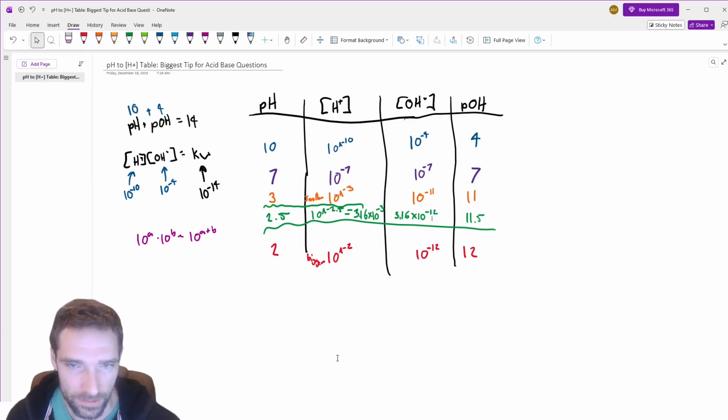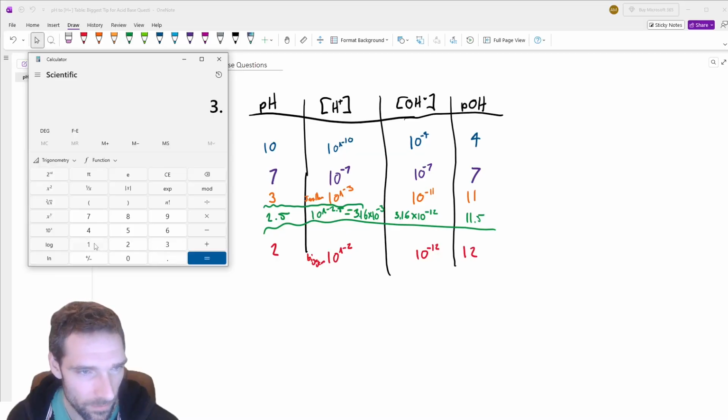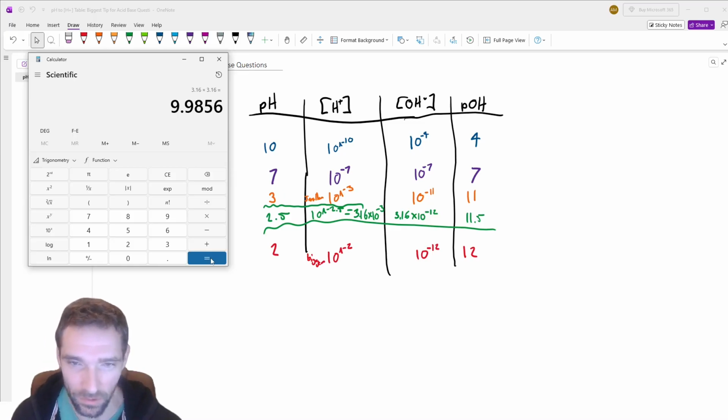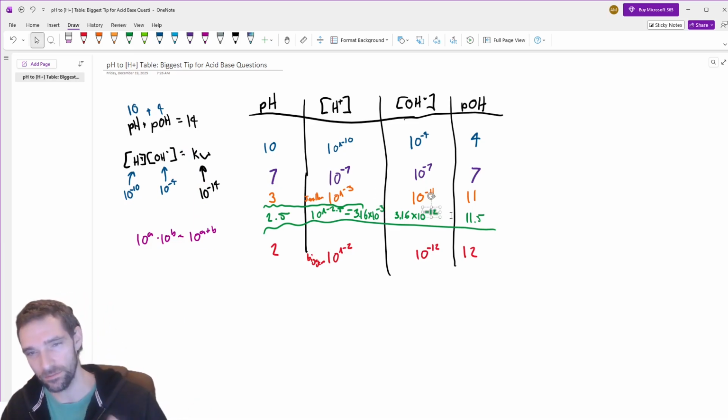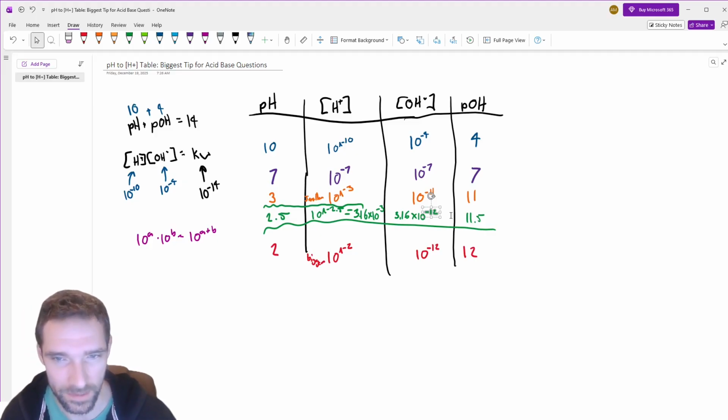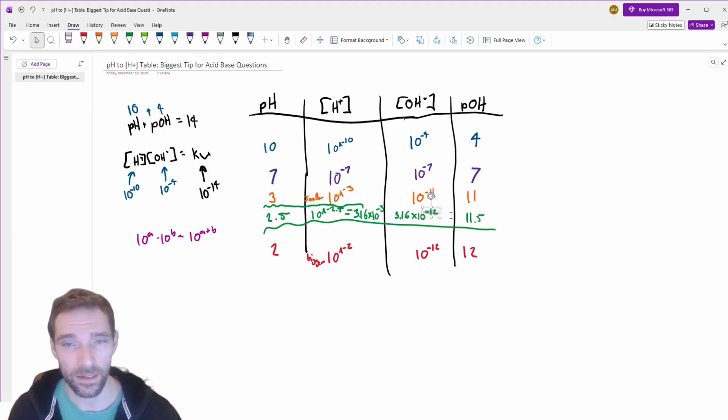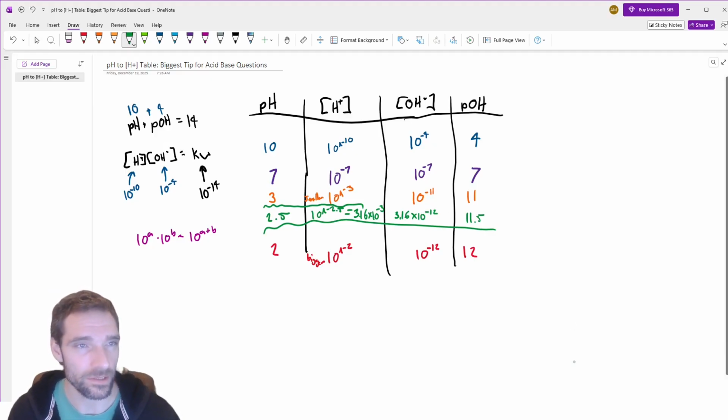And that works out nicely. If you were to take 3.16 times 3.16, that gives you about 10 when you multiply those two numbers together. So the negative 3 and the negative 12, when you multiply those, you get 10 to the negative 15, but it's 10 times 10 to the negative 15, which is 1 times 10 to the negative 14. So you can see that relationship there.